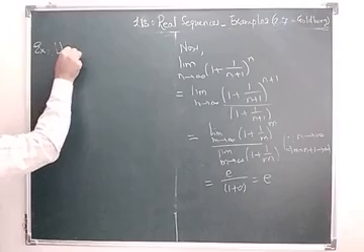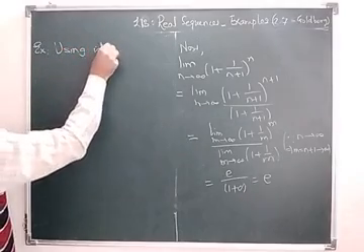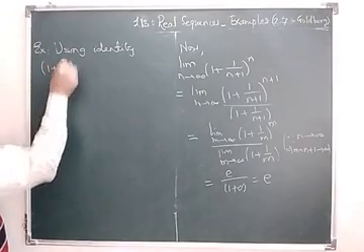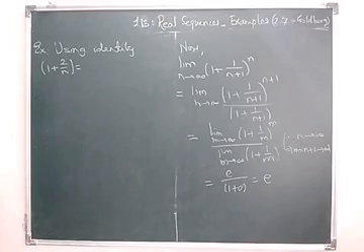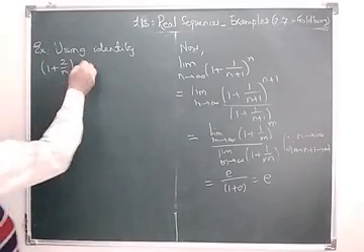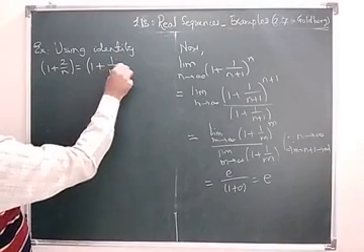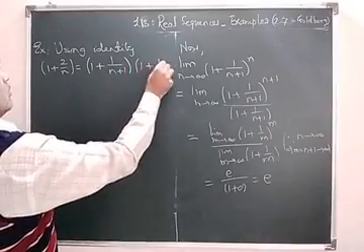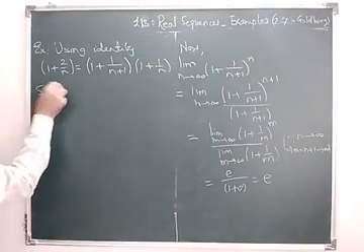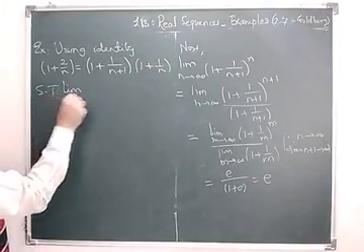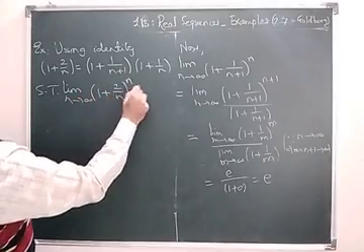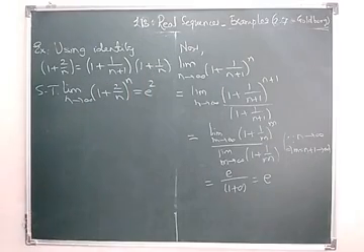Using identity, 1 plus 2 by n is equal to 1 plus 1 upon n plus 1 into 1 plus 1 upon n, so that limit n tends to infinity of 1 plus 2 by n raised to n is equal to e square.